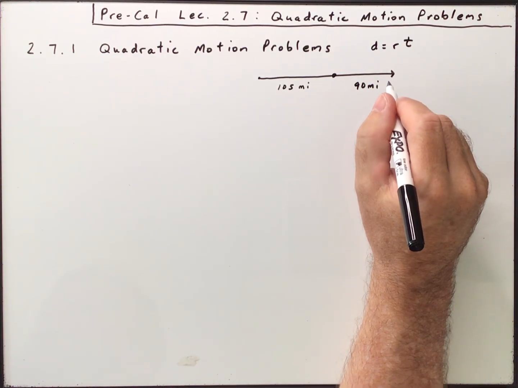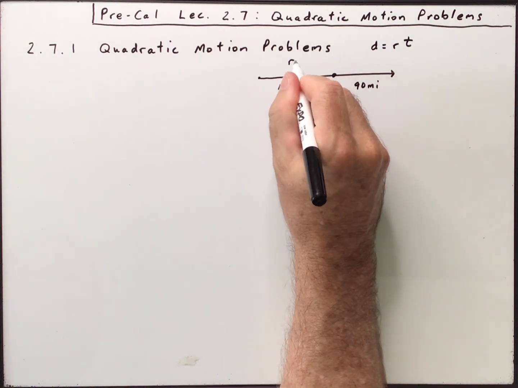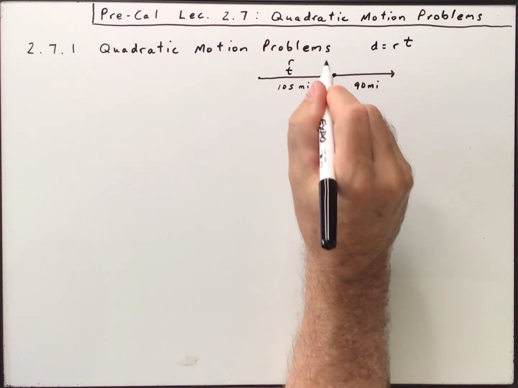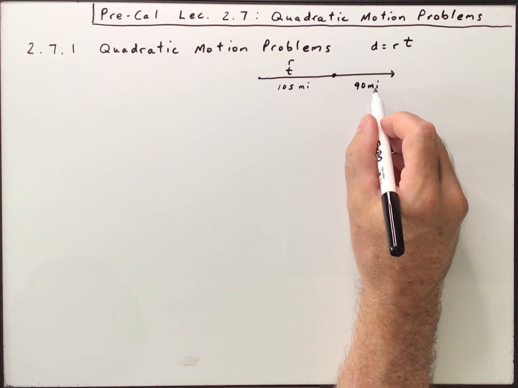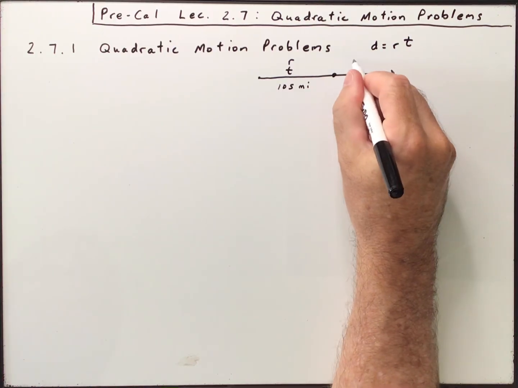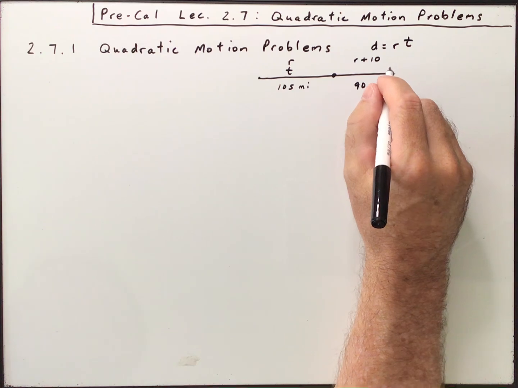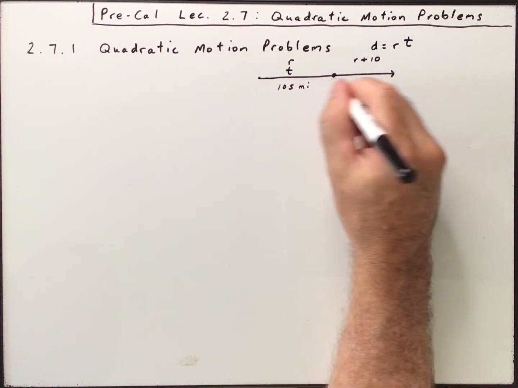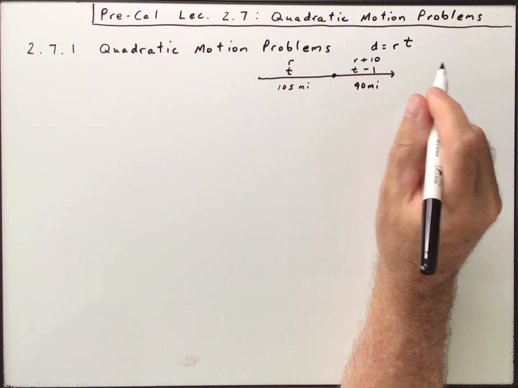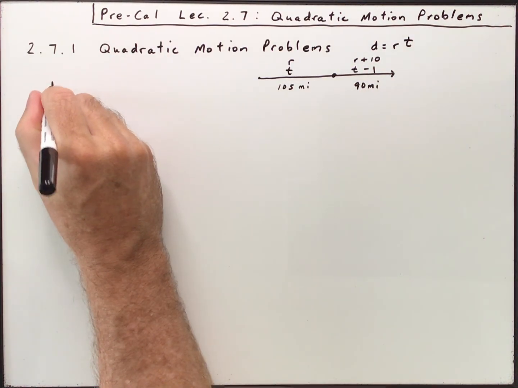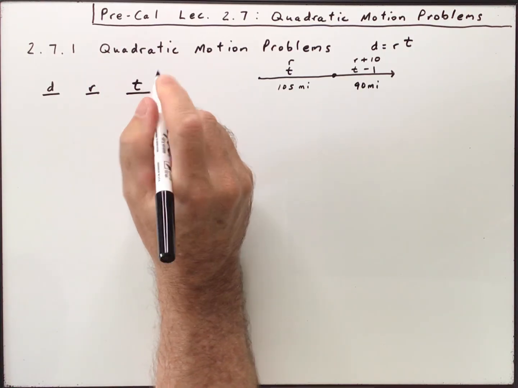So the first 105 miles, I'm just going to say the rate is r and the time is t. And then we know the last 90 miles kind of hit the accelerator and the rate is r plus 10, and the time it took was an hour less than the time it took for 105 miles, so it's t minus 1.